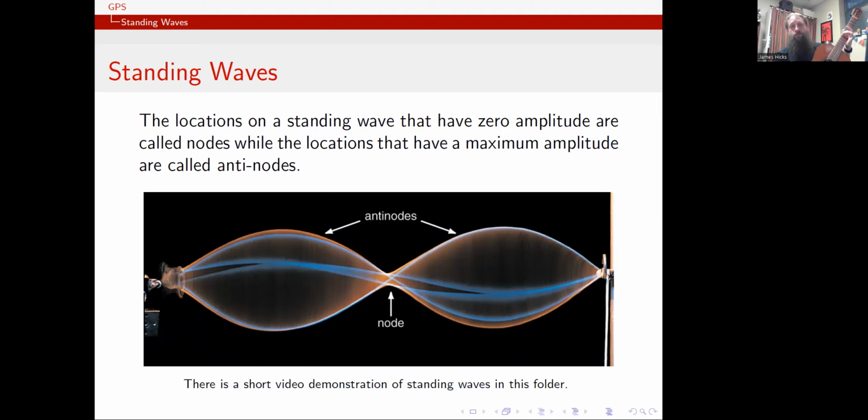If I'm able to just kind of damp out those fundamental frequencies, I can make my guitar string vibrate and play and only hear the higher harmonics and not the fundamental.